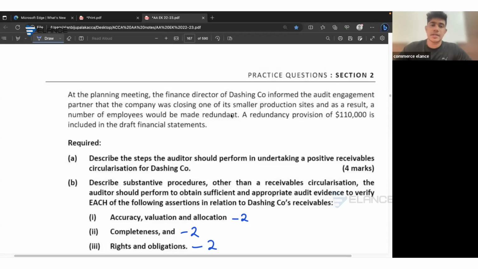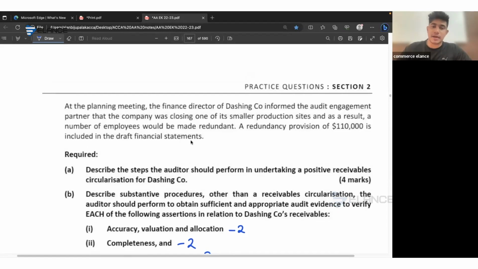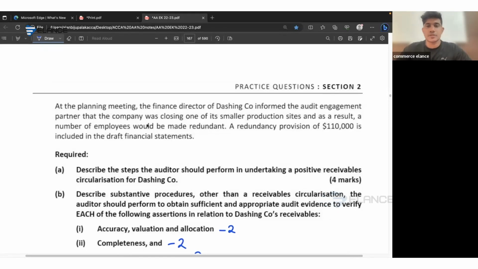As a result, a number of employees would be made redundant. A redundancy provision of 110,000 is included in the draft financial statements. So they have told us that the company is planning to close down one of the small production sites. Some of the employees will lose their jobs, for which they have created a redundancy provision of 110,000.